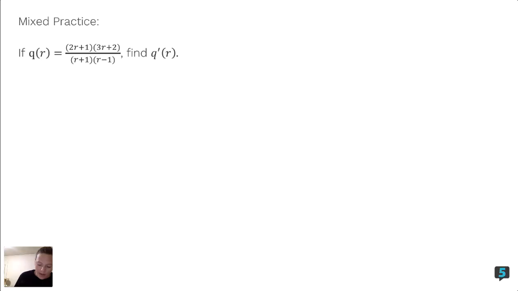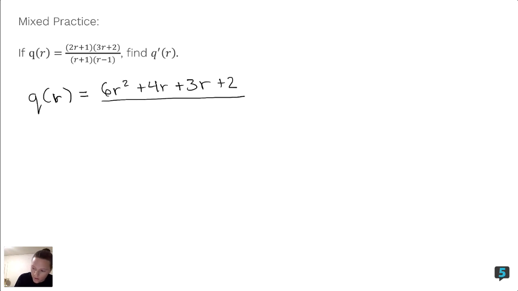All right, so we would get that Q of R, so we're not taking the derivative yet, we're just cleaning up that numerator and denominator to make taking the derivative a little bit easier, would be 6R squared plus 4R plus 3R plus 2 over R squared minus 1. 4R plus 3R are like terms, so let's combine them.